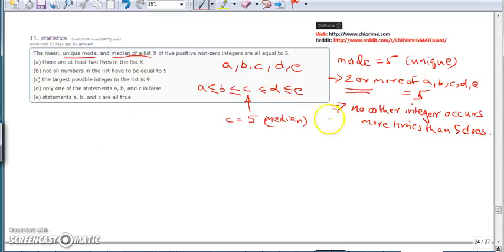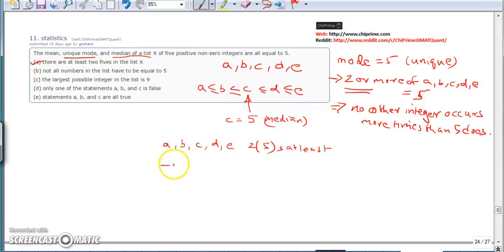So let's assume that there's only 2 that are equal to 5, just to test out the other conditions. We know there are at least 2 5s in the list, and we're trying to test the rest of the assertions. So of A, B, C, D, and E, there are at least 2 5s, and C is equal to 5.